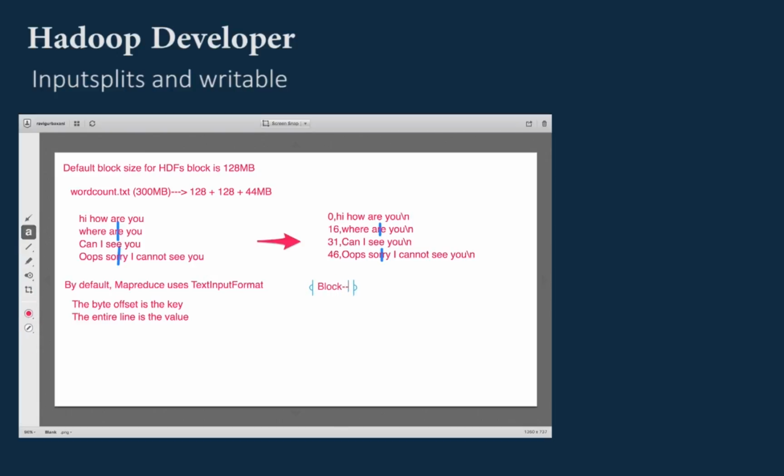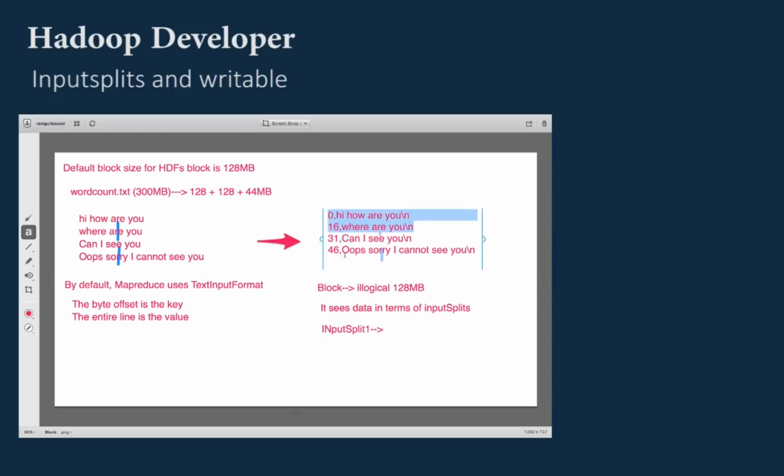So a block is illogical 128 MB, but what MapReduce does based on TextInputFormat is it sees data in terms of input splits, and as per that, input split 1 will look till here, and input split 2 will look till here.